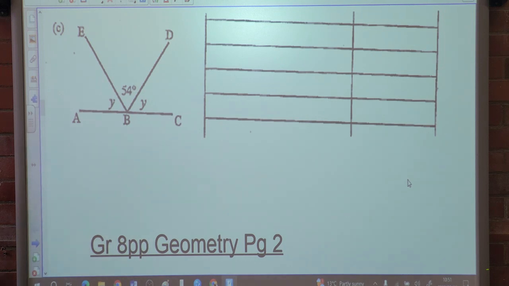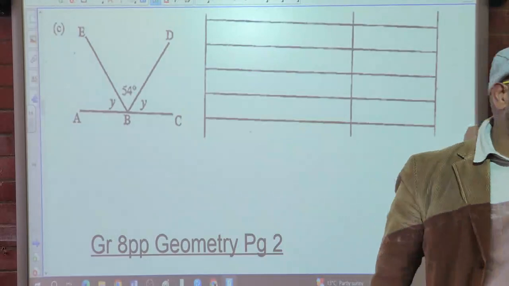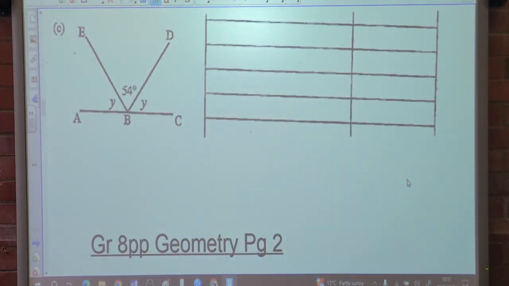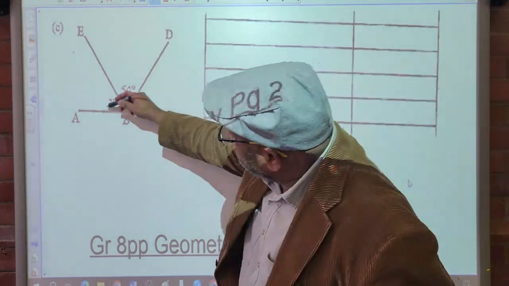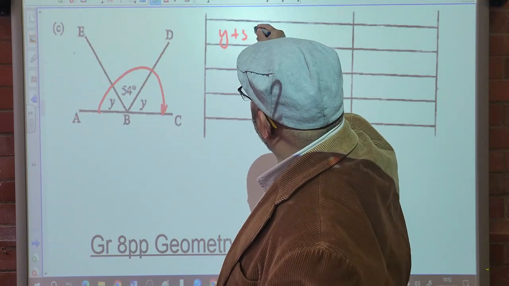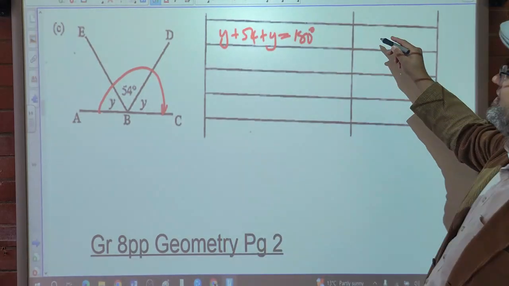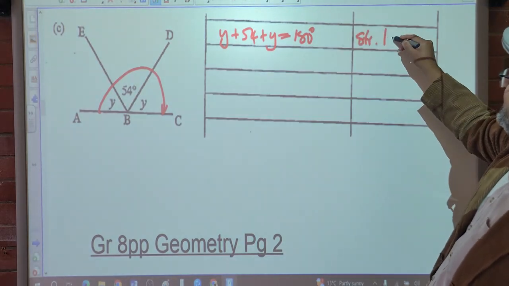Right, let's look at the next one. The multivitamin. Let's look at the next one. y plus 54 plus y will add up to 180. So y plus 54 degrees plus y is equal to 180. Reason: angles on a straight line.